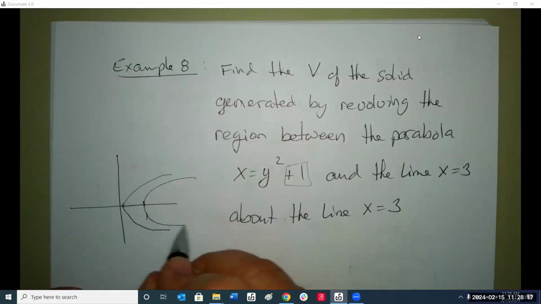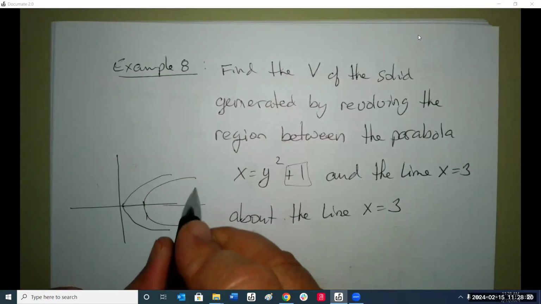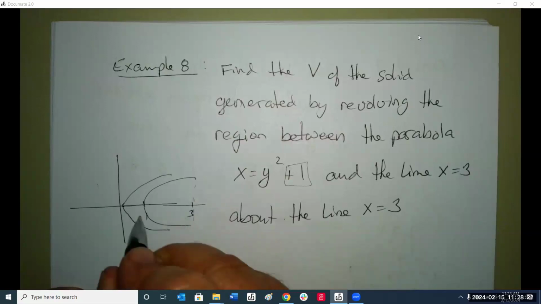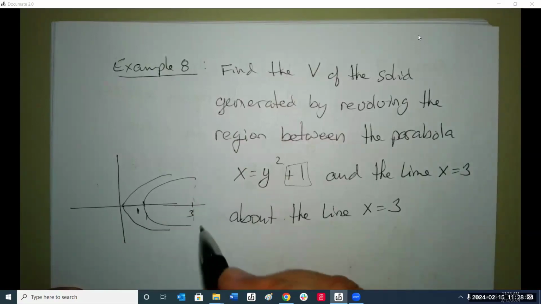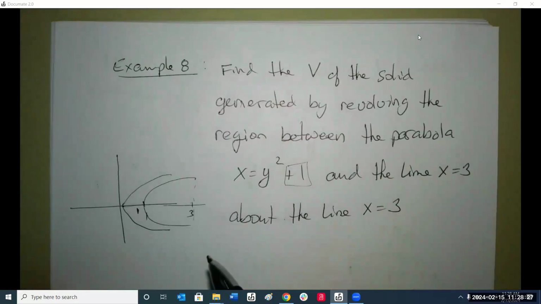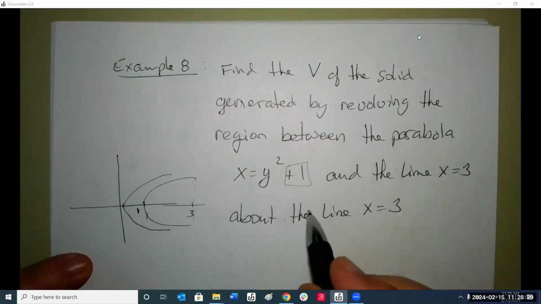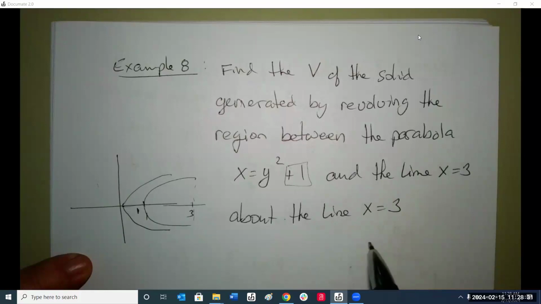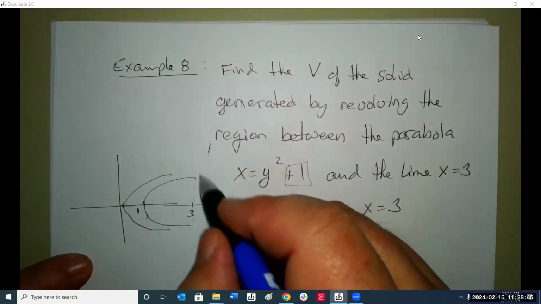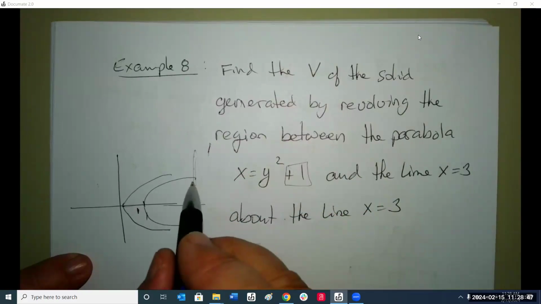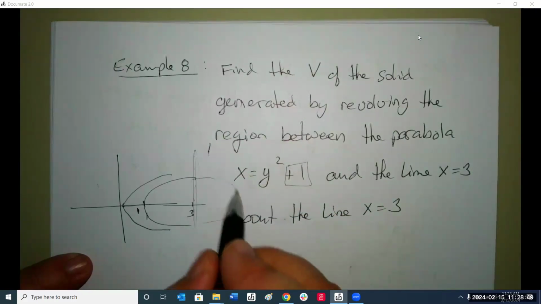So we're looking at that graph up to 3, so from 1 to 3. Okay, and we revolve it about the line x equals 3, so it'll be a mirror image over there.